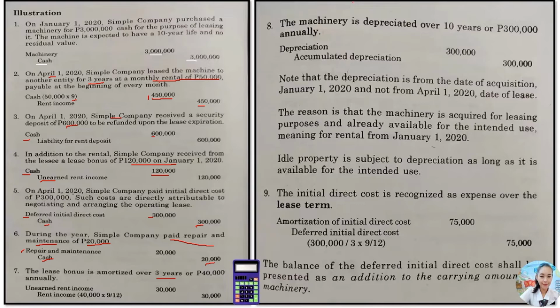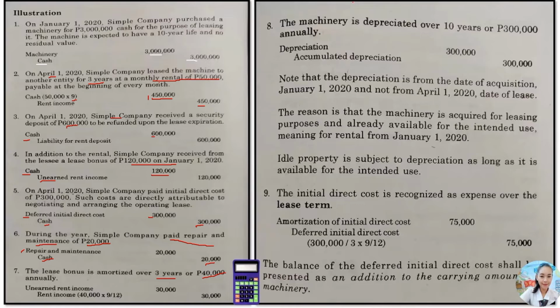So if we divide 120,000 by 3 years, the amortization of the lease bonus would be 40,000 annually.